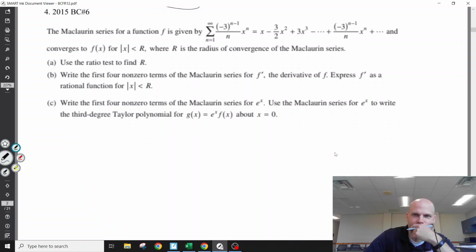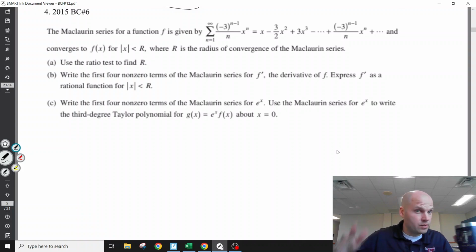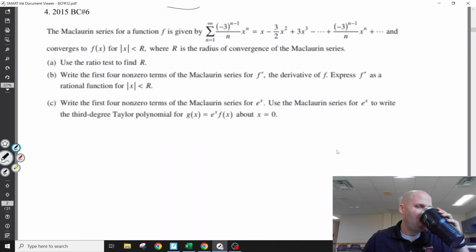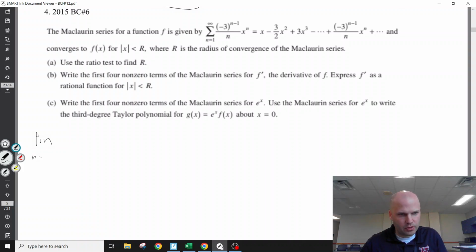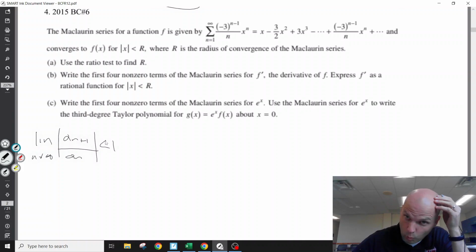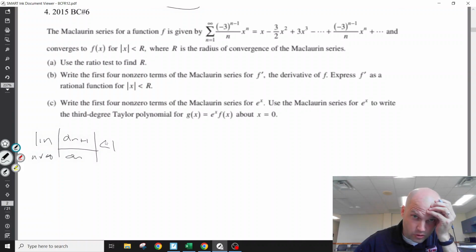Boom, ratio test. Gotta do it. Big points for the ratio test. Just trying it. Getting it mostly right. All right, so limit as n approaches infinity of the next term divided by the previous term as we look on forever and ever. It has to be less than 1, and your series will converge.